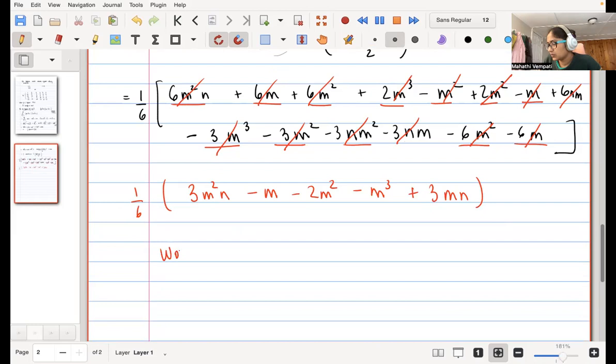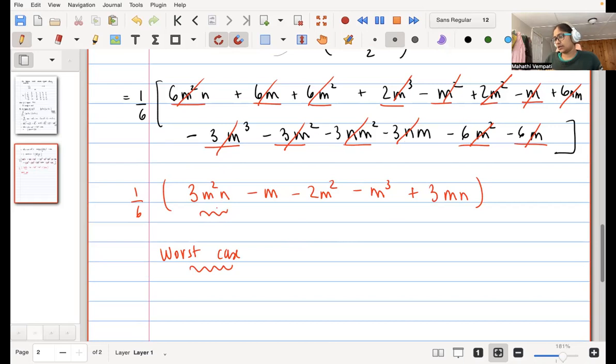Now, worst case. Let's say, so we do have a bad term here. We have 1m square n term. But oh, it doesn't get cancelled, right?